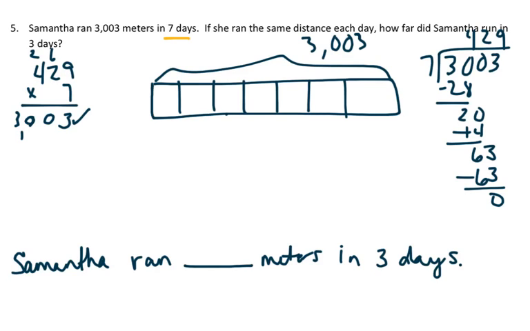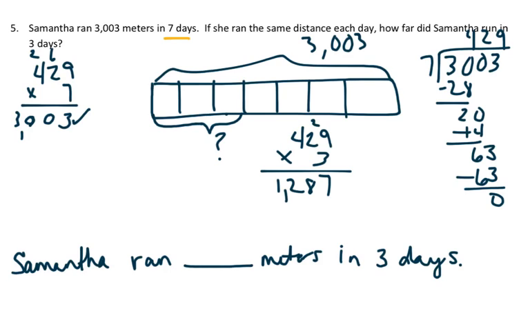So each one of the units was 429, but we want to know how far she ran in 3 days. So that's going to be 429 times 3. 9 times 3 is 27, 6, 7, 8, and it's 1,287 meters in 3 days.